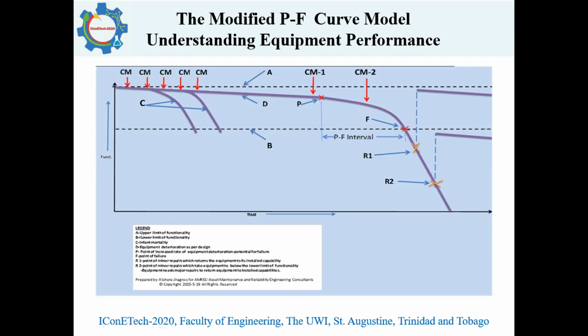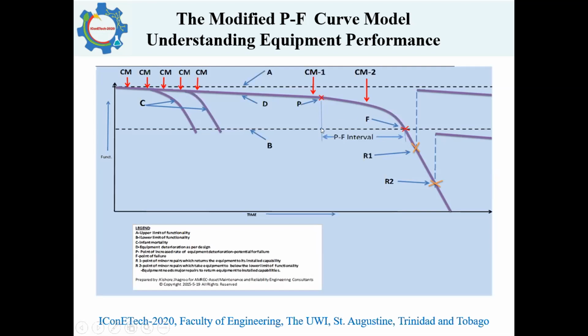Now, every piece of equipment that has any type of dynamic motion, including batteries that have movement of electrons, has a certain design level of deterioration. However, that is a design rate. When that deterioration increases and the rate of deterioration has increased, you have reached the point P, which is your precursor to failures.